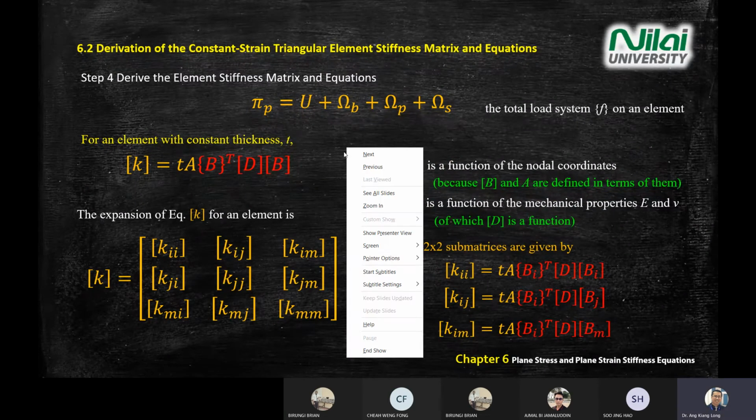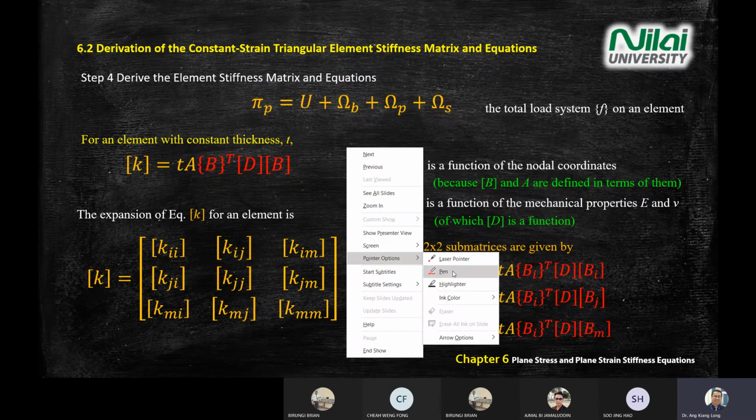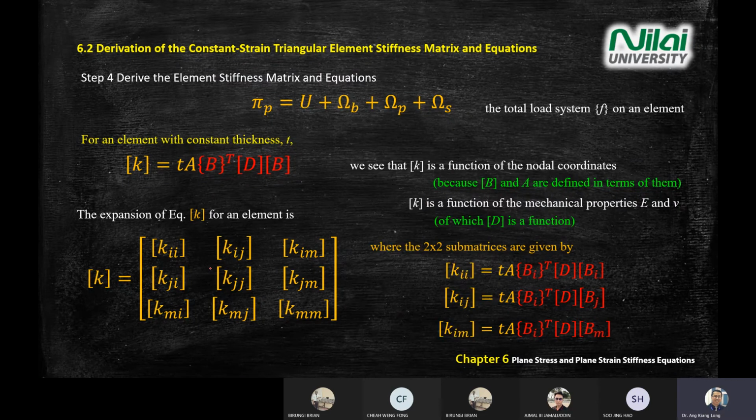All right, I'm going to ask Ashmal the first one. Ashmal, give me the equation for this one. Later I give you maybe 1 minute to sort it out. Sue, maybe this one, you give me the equation for KJJ.